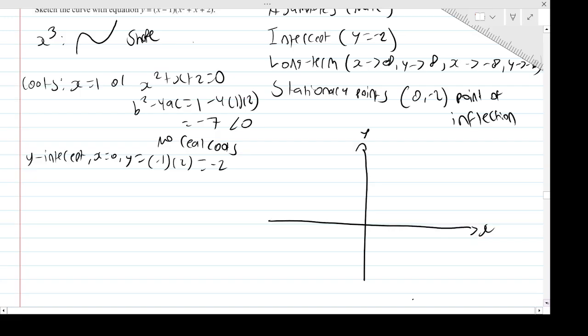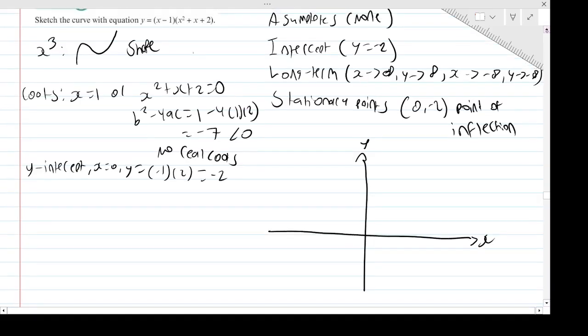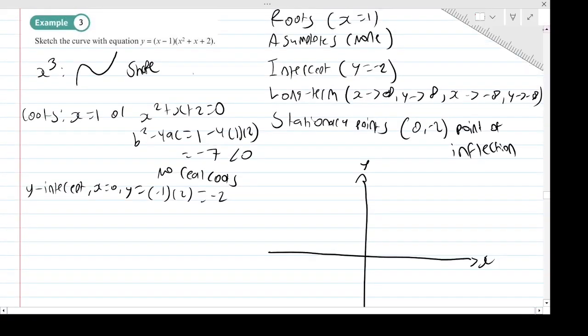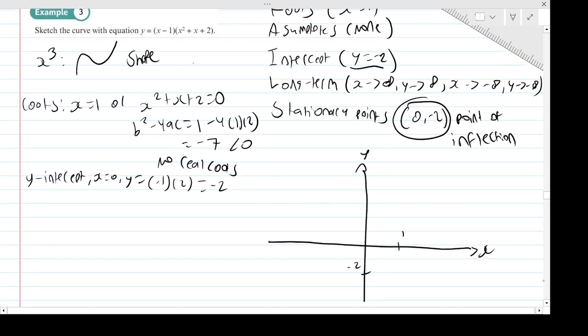So firstly, our root is x is 1. We also know the y-intercept is at minus 2. Now that's also the stationary point. So if I mark minus 2, say here, there we are. Okay. We also know there are no asymptotes. We know the long-term behaviour. It's going to look like this shape, right? Still going to look something like this.